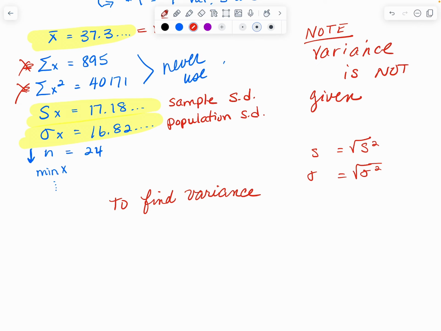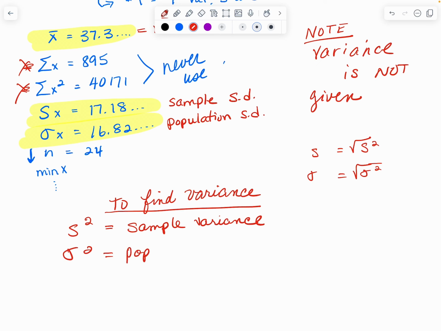So to find the variance, we're going to take the standard deviation and square it. So we take the S and square it, and this will find the sample variance. Or if I take the sigma and square it, this would be the population variance.